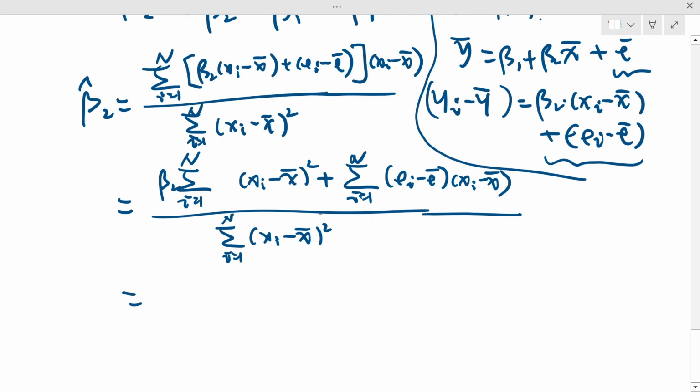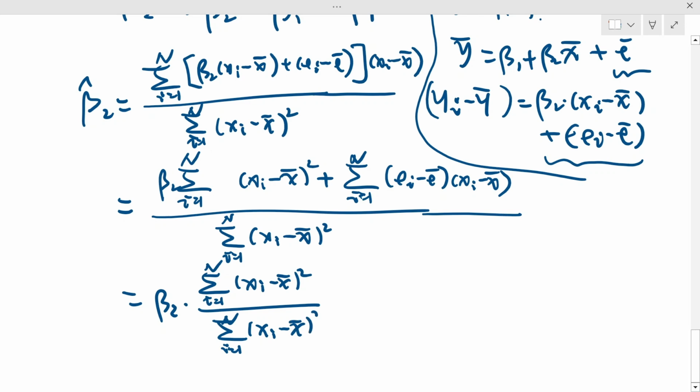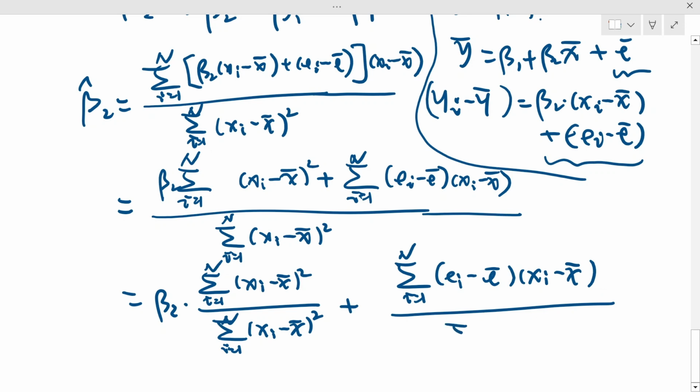So now we have beta 2 times... And I'm going to multiply both top and bottom by 1 over n, and this term just cancels out with this term.